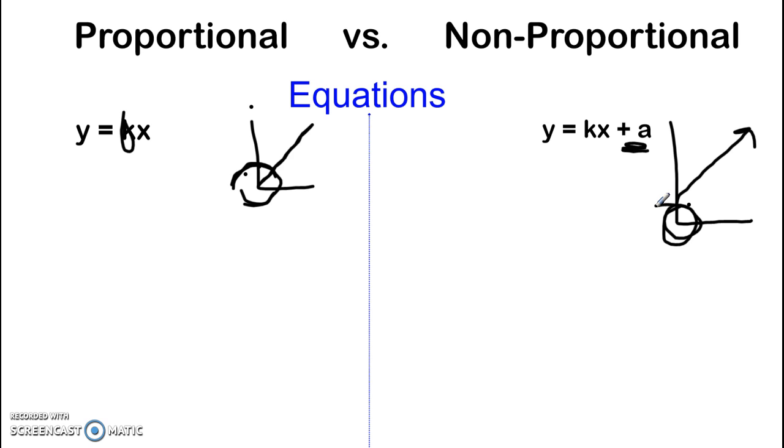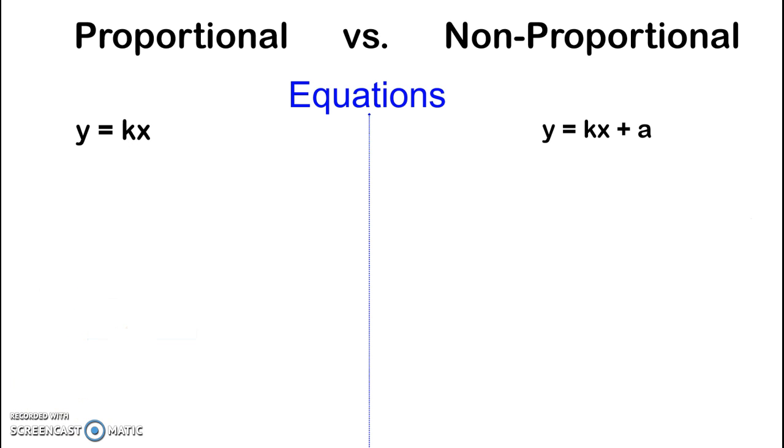So it's a non-proportional relationship. And we'll look at other types of lines and graphs later, but I wanted to kind of clarify that. So a proportional relationship, or a proportional equation, rather, is always going to be in the form y equals k times x.